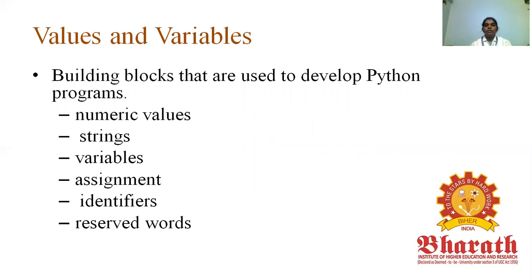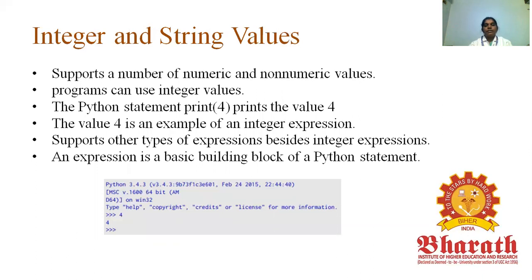These are all the building blocks of Python programs. Next, see integer and string values. Integers are 0 to 9, the whole numbers. String is nothing but text within single quotes or double quotes that you have given.